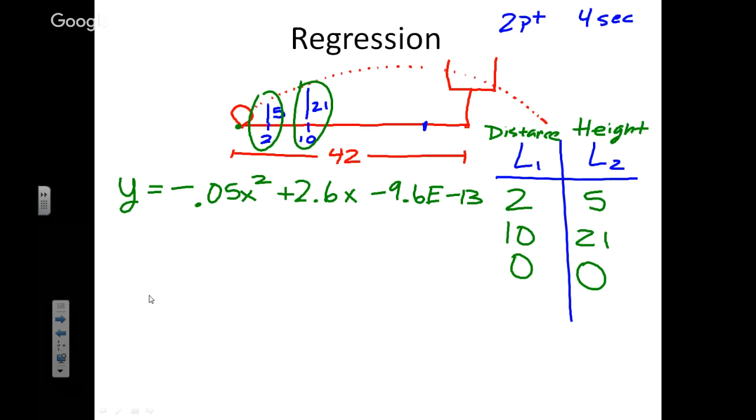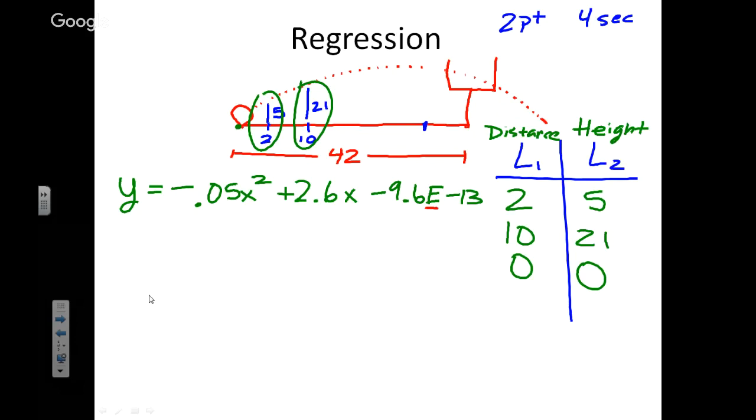I'm kind of speeding you up because I don't want to run out of time, and I am making a video for this. What's weird about this equation? Anybody know what this E means? That's scientific notation.